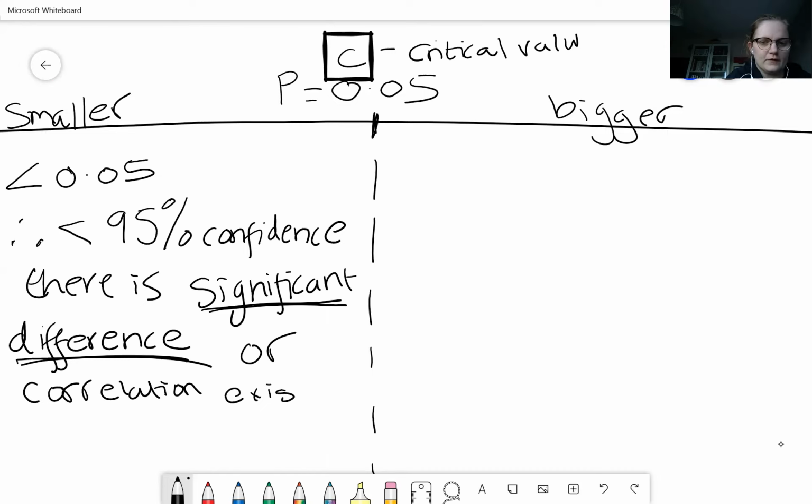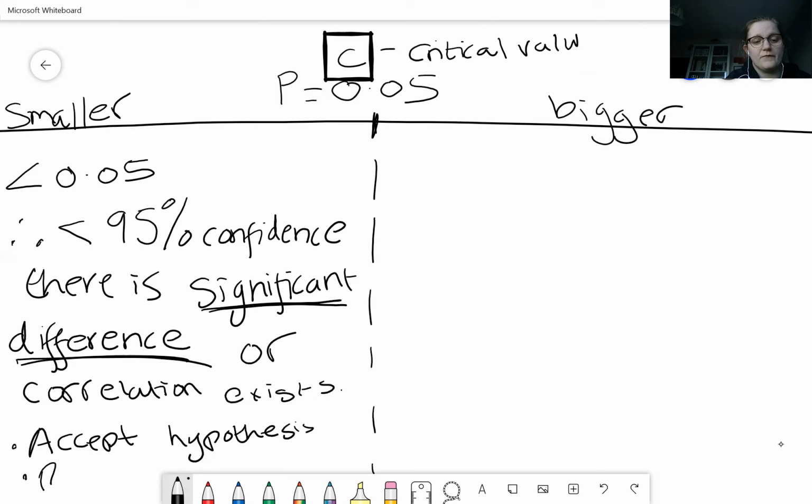In that situation, we accept our alternative hypothesis, and we would reject the null.